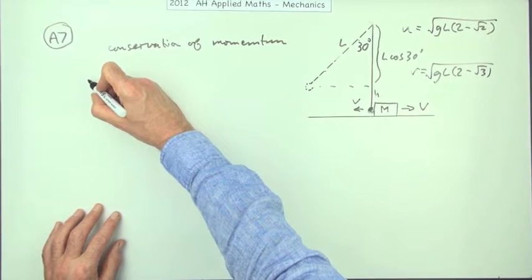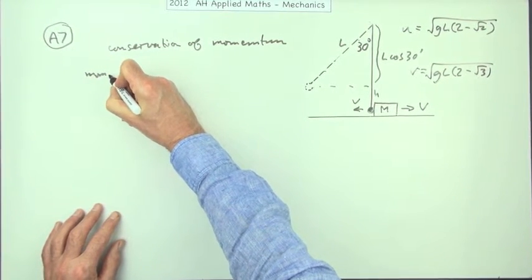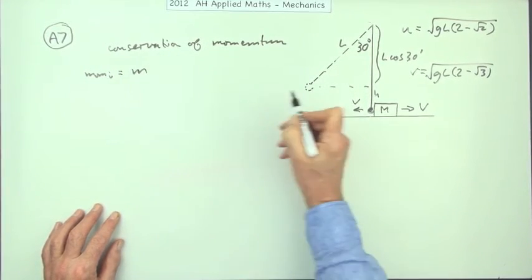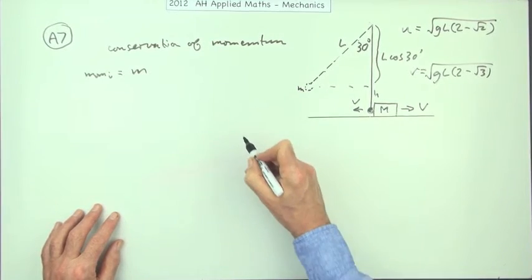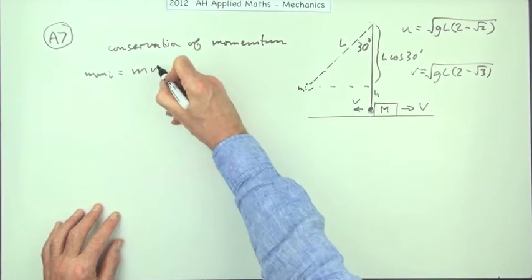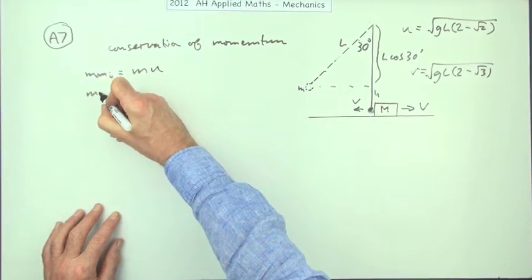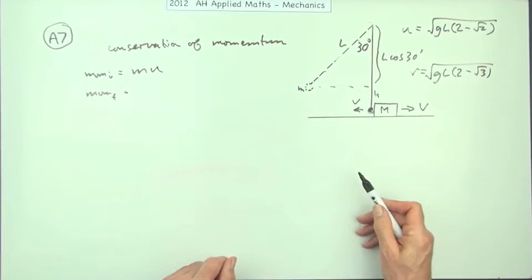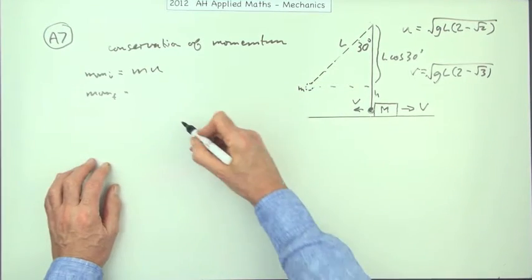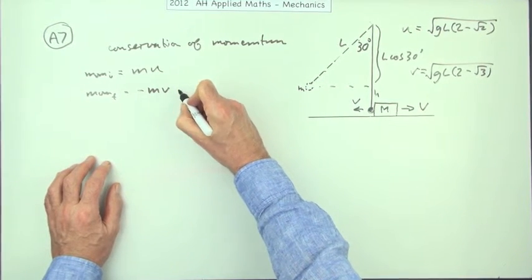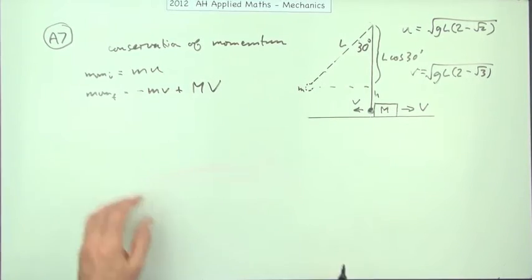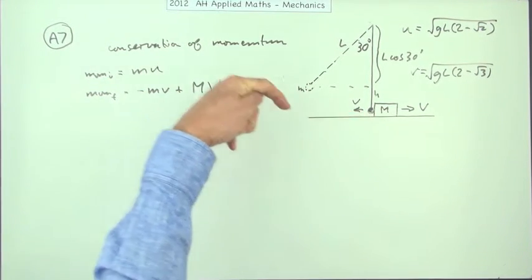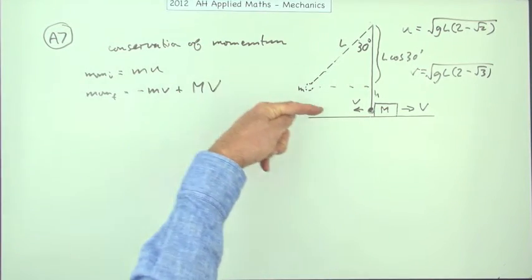So we've got the momentum before. It came in with a mass of m and a speed of u, and afterwards the final momentum would be split apart. Now that v is in the opposite direction, so that would be negative m v plus capital M capital V. Momentum before was only the ball that was moving, and that was m u.